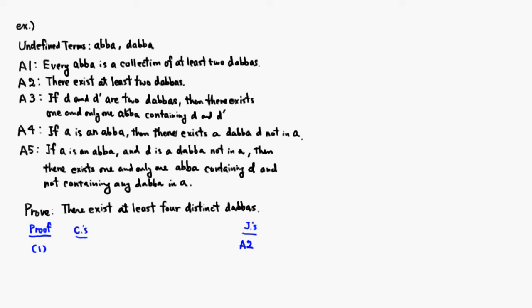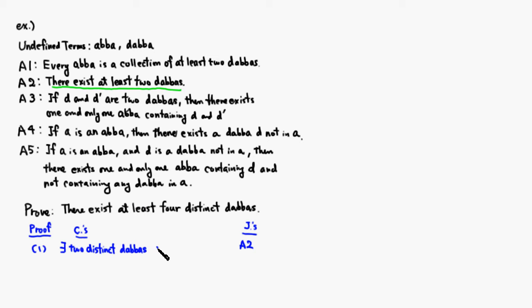It says that there exist at least two dabas. We have to find 4 distinct dabas, but we at least found 2. So we know that there exist, and this is short notation for there exists, 2 distinct dabas.